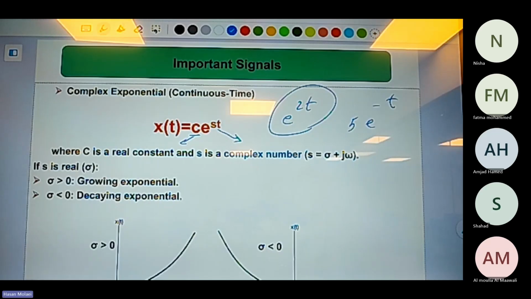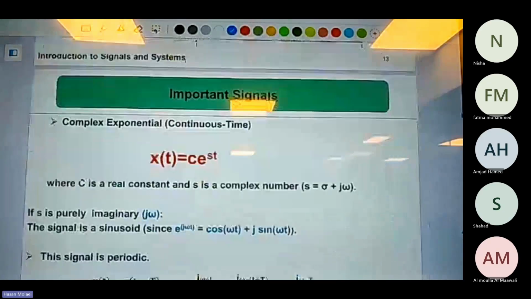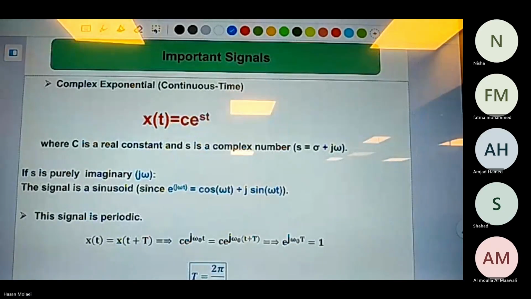This one is growing, this one is decaying. How do you find which one is growing, which one is decaying? The sign of the coefficient. If it's negative, it should be decaying. If positive, it should be growing. What happens if S is purely imaginary?